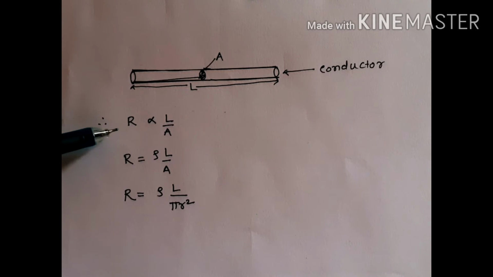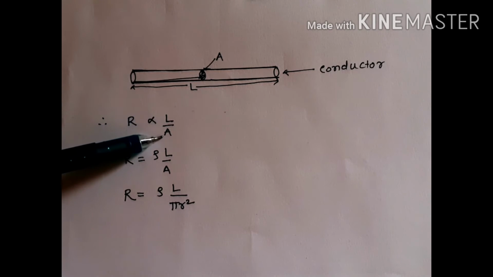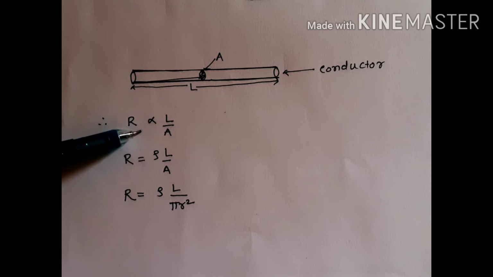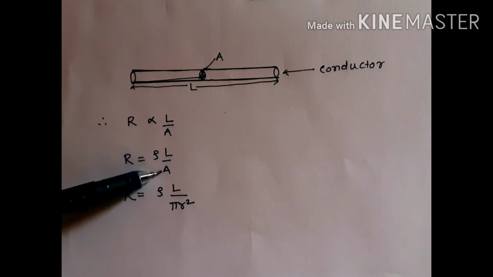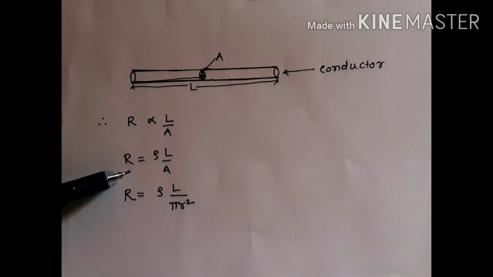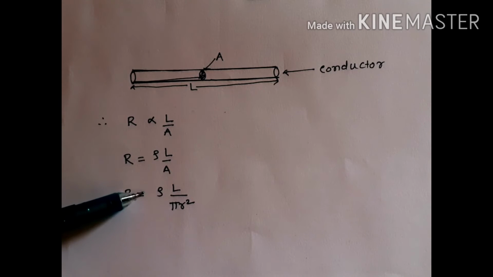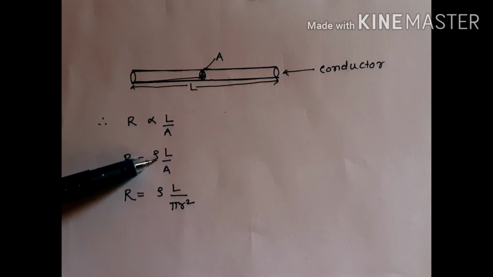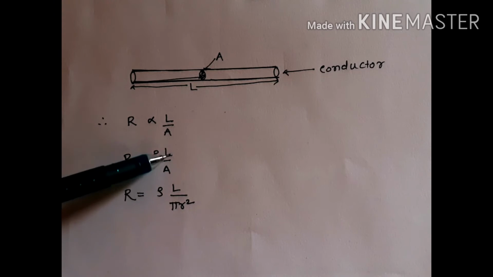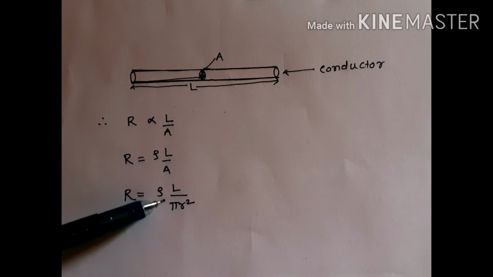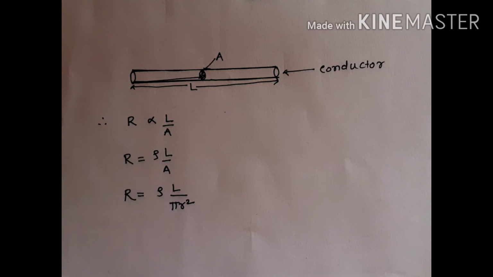That means capital R is directly proportional to L divided by A. This proportionality sign is replaced by equal to sign and a constant, therefore capital R is equal to rho L divided by capital A. Capital R is for resistance, here rho is specific resistance, it depends upon the material. Therefore capital R is equal to rho into L divided by pi into small r square.